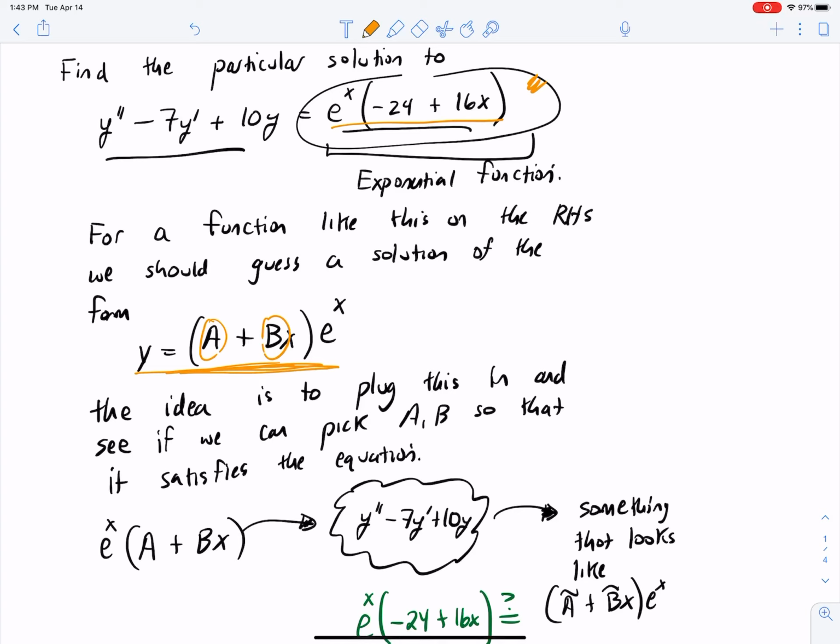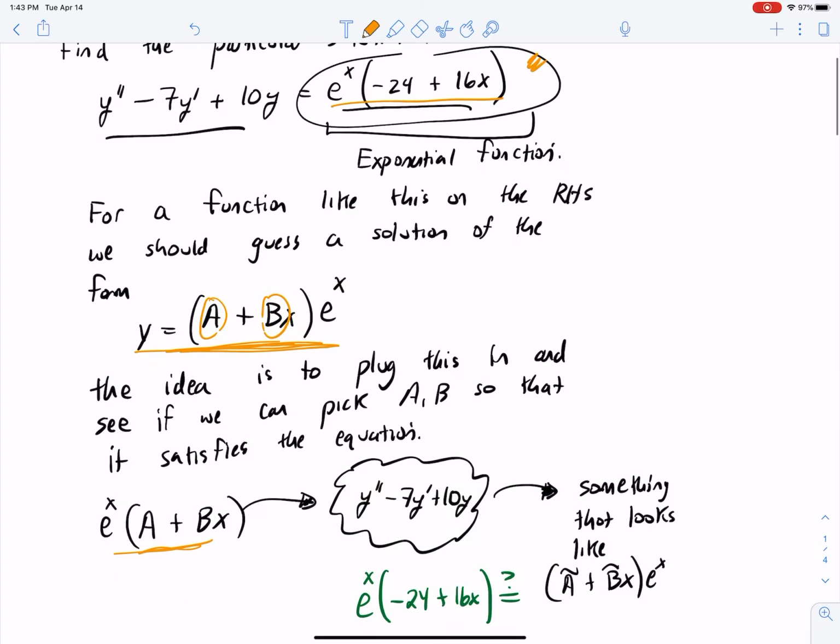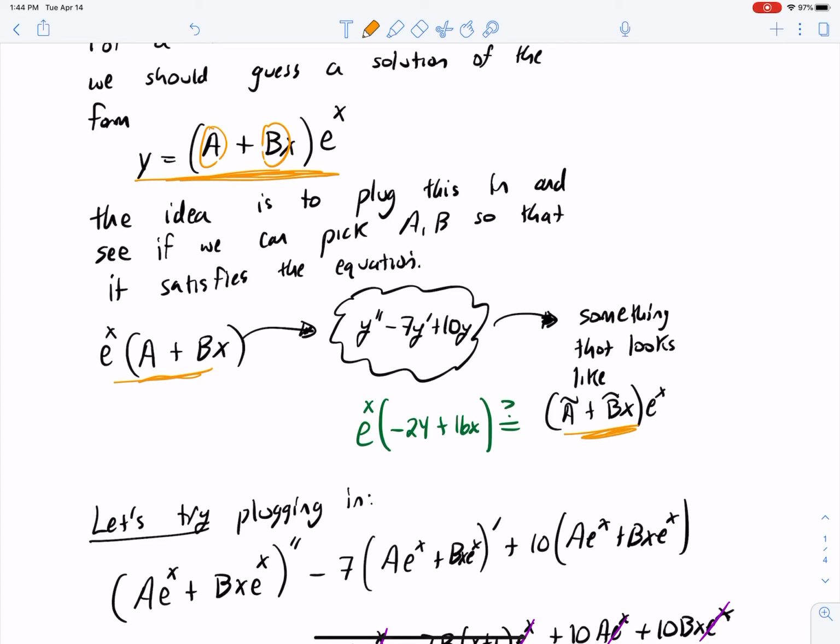The reason I would pick something that takes that form is that if I plug that function in, with the A's and B's as unknown constants, into my left-hand side, it's going to give me something like a squiggle plus b squiggle x times e to the x.